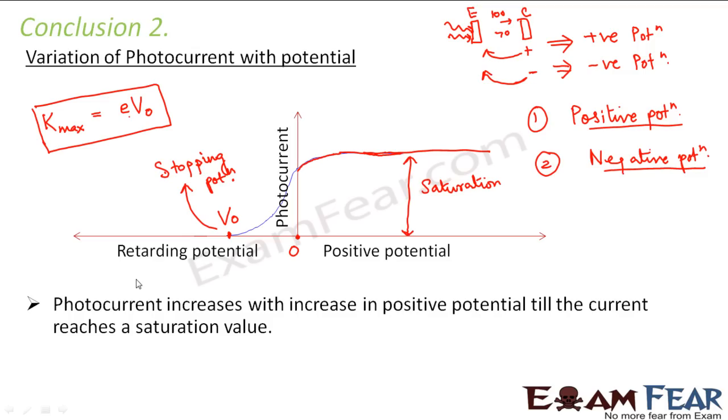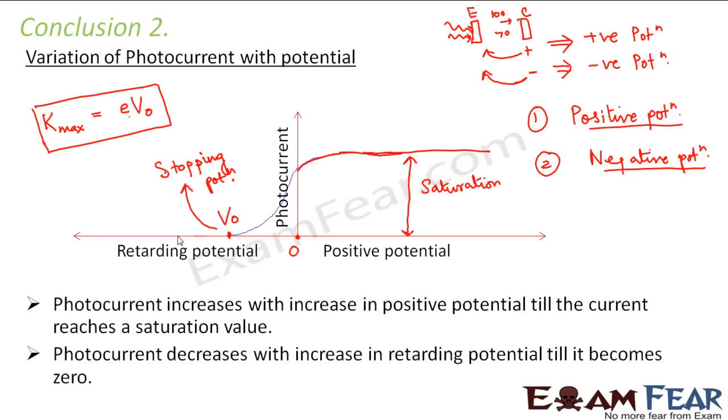Even the most energetic electron cannot reach the collector, because as long as there was some current flowing, the maximum kinetic energy was greater than this. I hope you understood how we arrived at this expression and the concept of stopping potential.